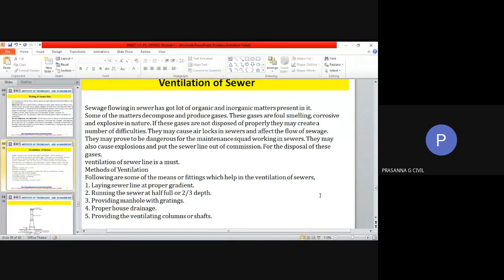gas, nitrogen, etc. Now you would have heard cases where sewer lines have blown up, because there was no ventilation. You would have heard of flaring, because the gases have built up so much and somebody has tried to enter just for checking through manholes.